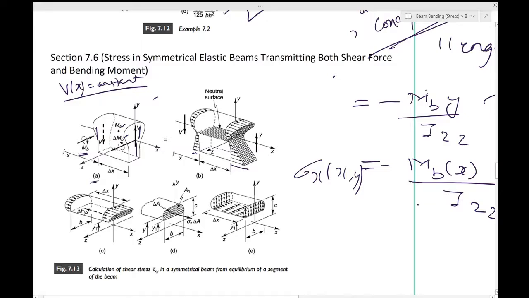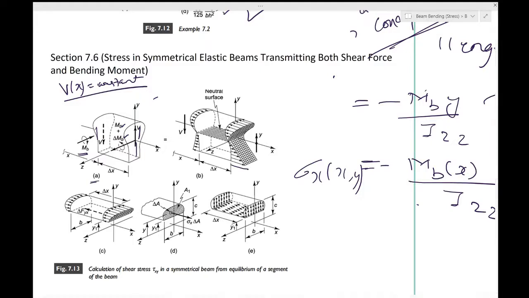In the previous case they would be of the exact same length. The directions will be different, but they would be of the exact same length. They are still trying to extend this part and contract this part, but by these different stresses now, and that difference in stresses is coming because the mb is varying with x.